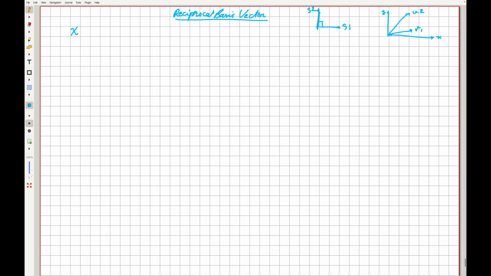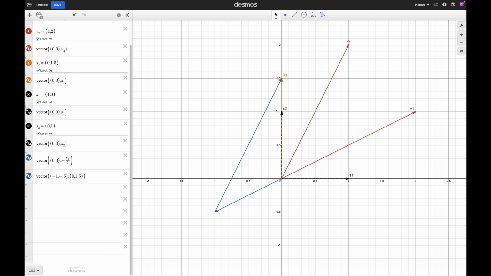If we have a vector x which is 0, 1.5, and we assume that this is based on orthogonal basis vectors such as s1 equal to 1 0, s2 equal to 0 1, then these are orthogonal, and we can see that right here in the plot.